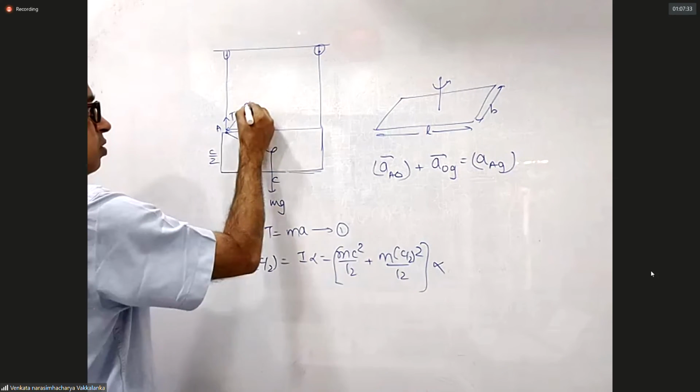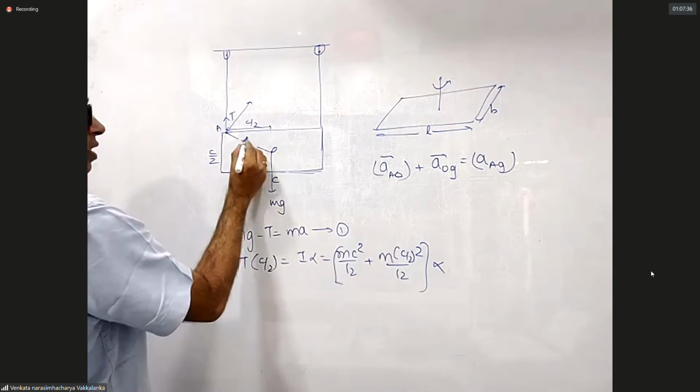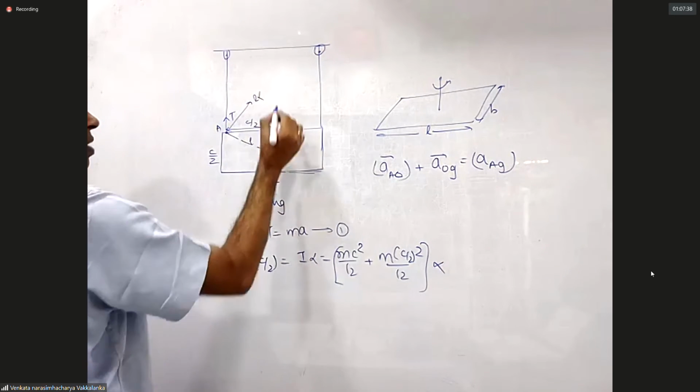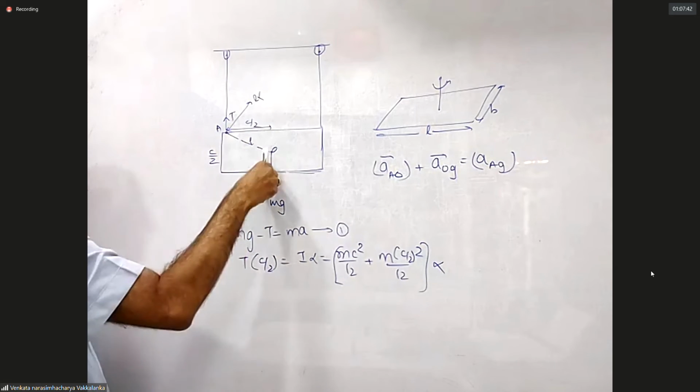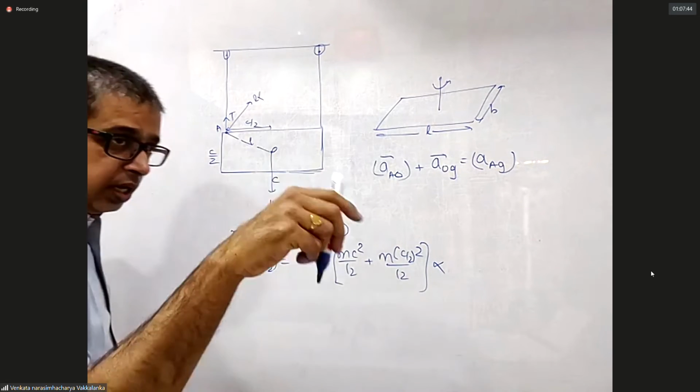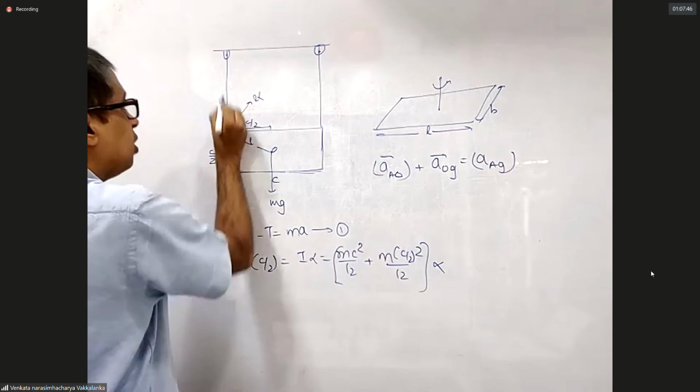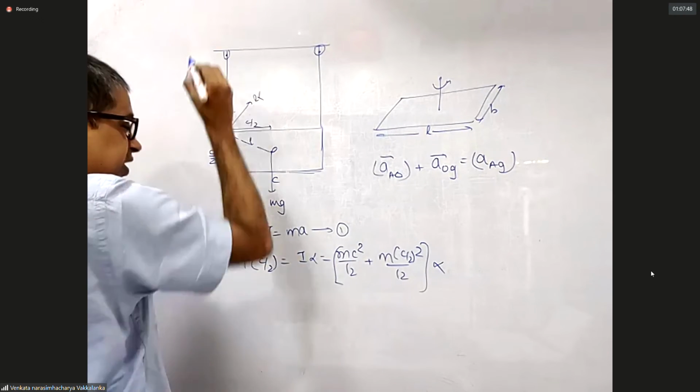If I take this to be L, this will be L alpha, and this will be A downwards. I should resolve the resultant along the vertical direction and equate it to 0.